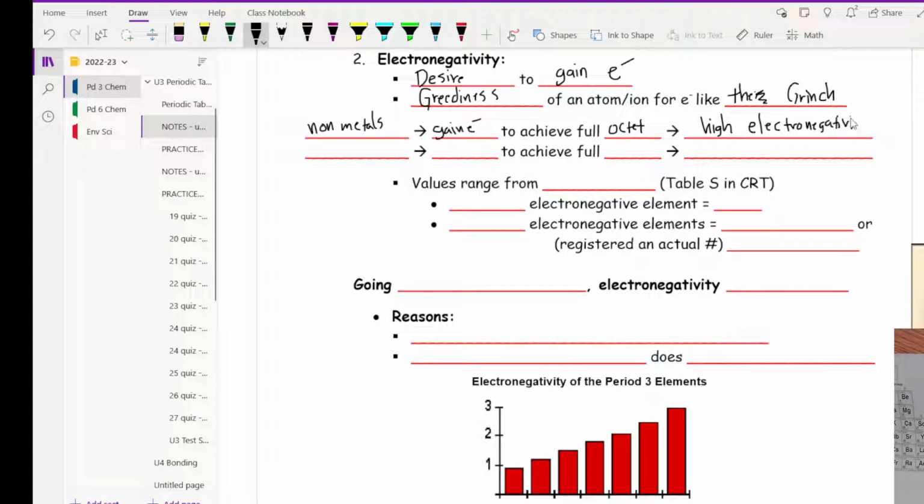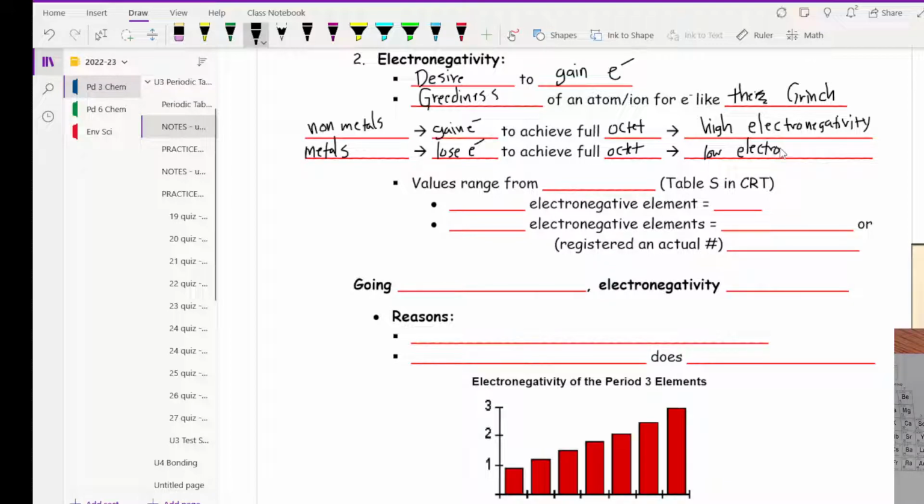And what we've also found is electronegativity is one of those properties that periodically change. Because every time we reset and go all the way to the end of the periodic table and reset to the beginning, we find that metals start the process all over again because they like to lose electrons to achieve the same idea, the same octet, and therefore they have low electronegativity.